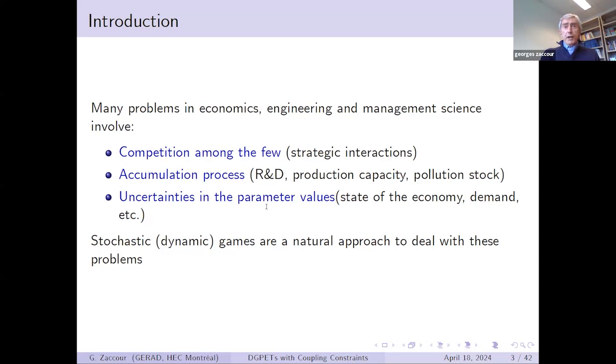I guess when we have a problem that is evolving over time, it makes a lot of sense to consider that we do not know beforehand the true parameter values, at least not all of them, and uncertainty becomes part of what must be done. So if you have these three characteristics, stochastic dynamic games are a natural approach to deal with these problems.